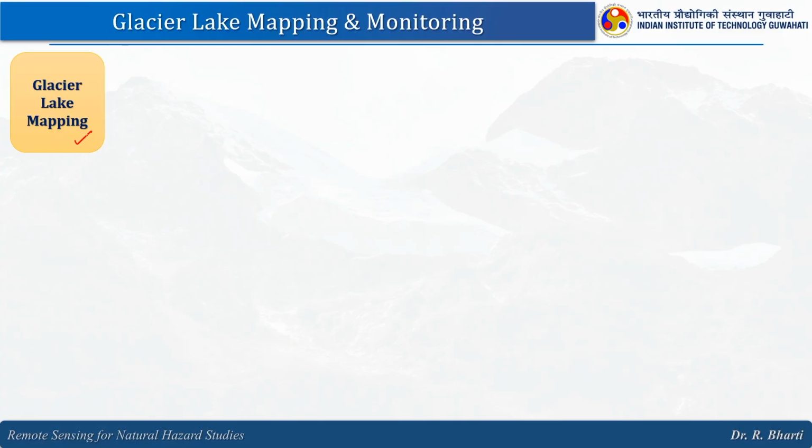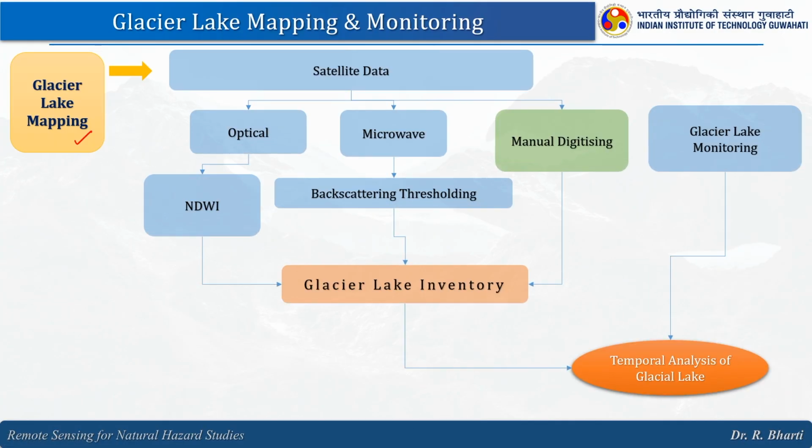So, when we talk about glacial lake mapping, this is a very generic flow chart which explains the generic methodology. Here, we have satellite images, which can be optical or microwave, and we have different types of methods. Particularly for optical, we have different indices. Then for microwave, the backscattering thresholding method can be used to identify the glacial lake.